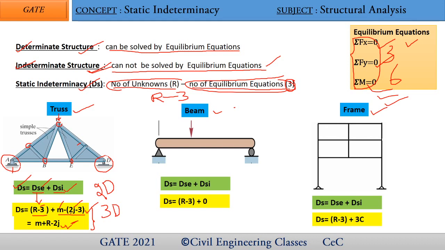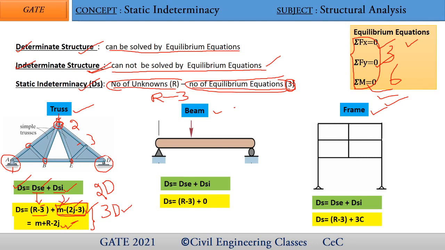And here also the 2 will become 3, because basically at every joint there are 2 equilibrium equations for a given two dimensional truss. But in case of a 3 dimensional one, that is 3. So this formula, m minus 2j plus 3, is the internal static indeterminacy for a 2 dimensional truss.